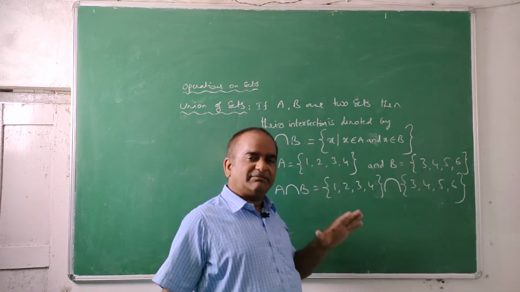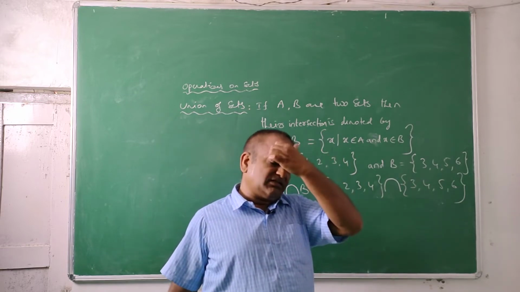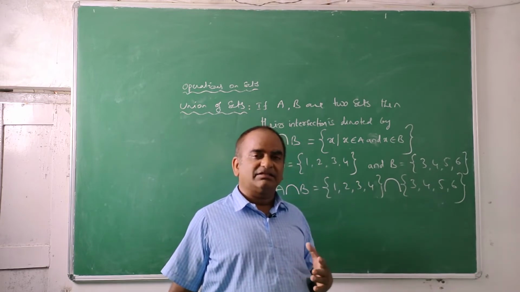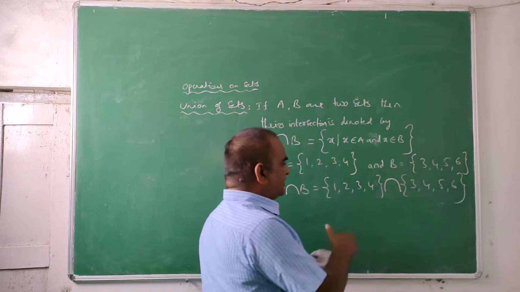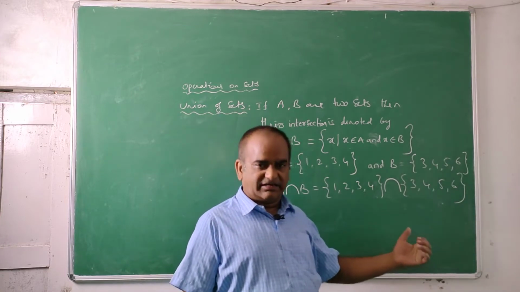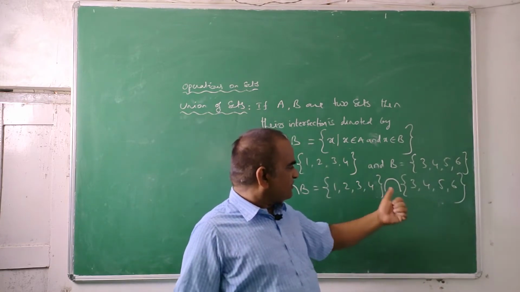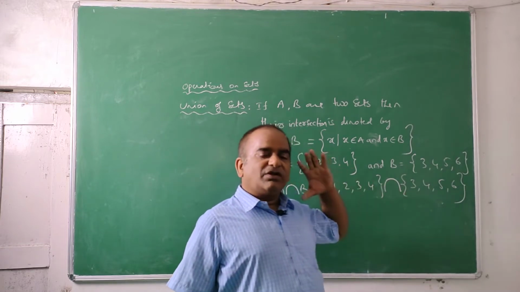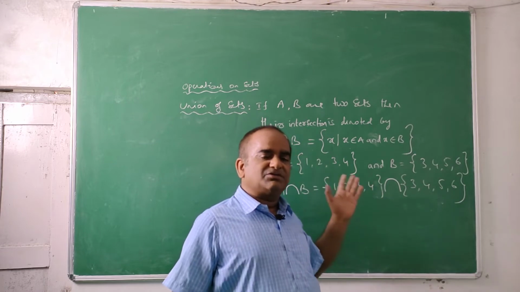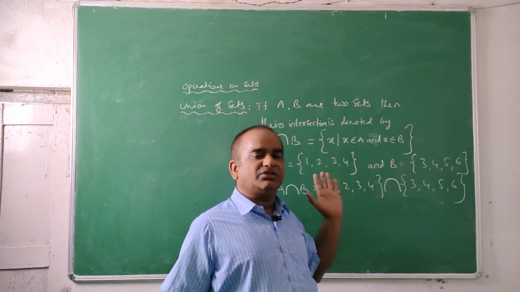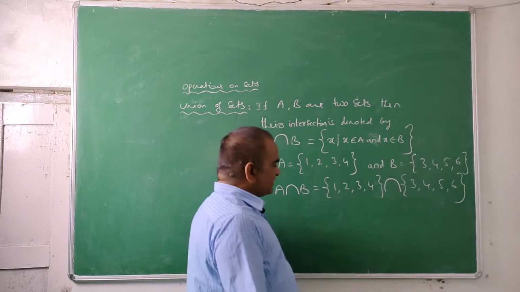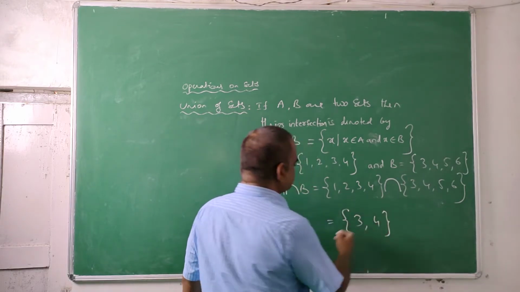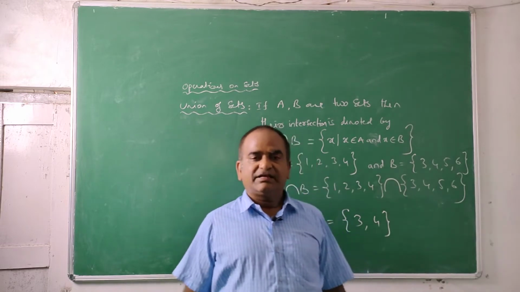That means common elements. So here, what are the elements you are seeing in both the sets? See, 3 and 4 you are seeing in A as well as in B. So only 3 and 4 are the elements common to both the sets. So it comes in intersection. This is A intersection B.